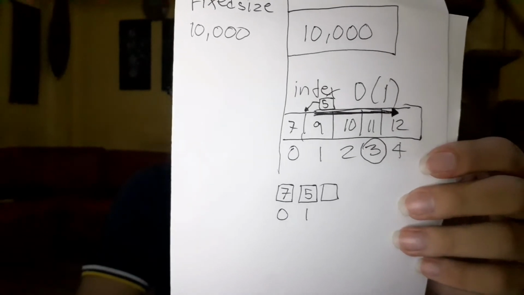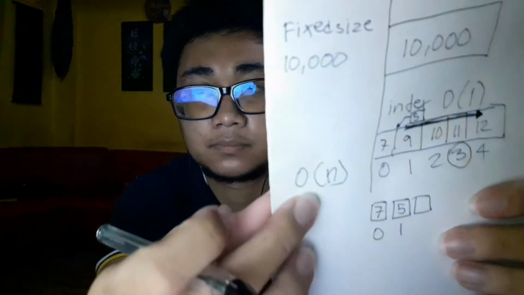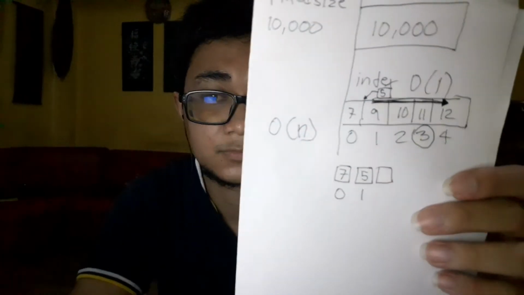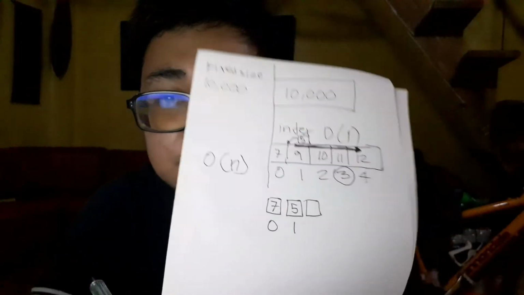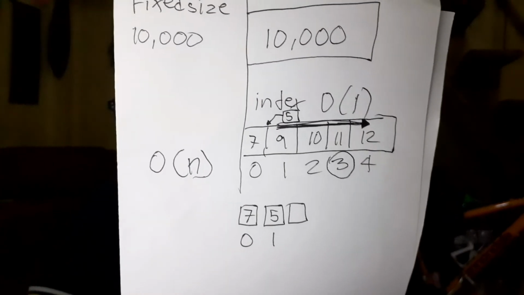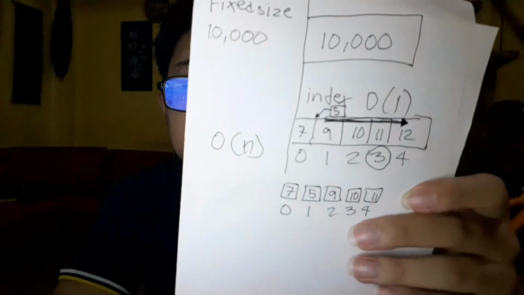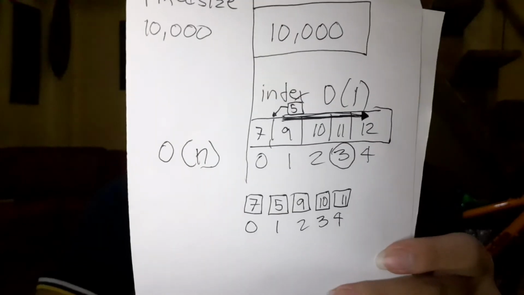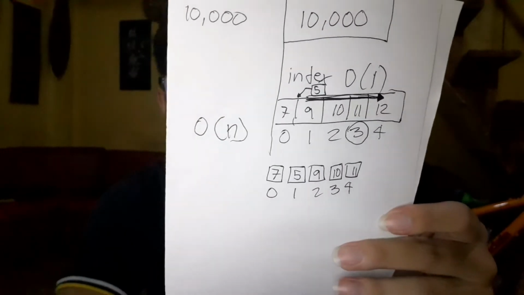That takes what's known as O(n) time. It's going to continually take longer and longer to insert an item, especially at the beginning of our list. So once we insert that item, we have 9, 10, and 11 moved to new indexes, 2, 3, 4.